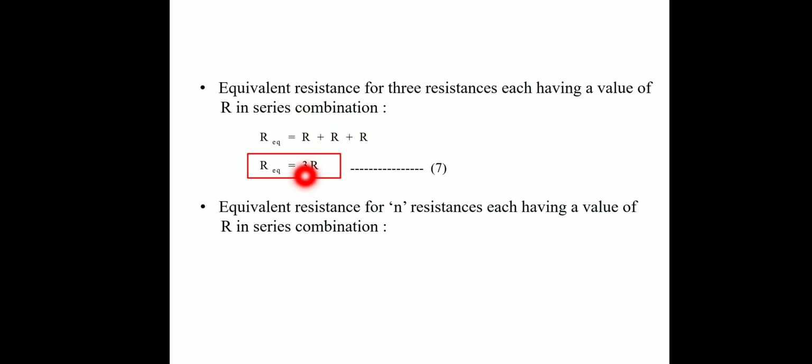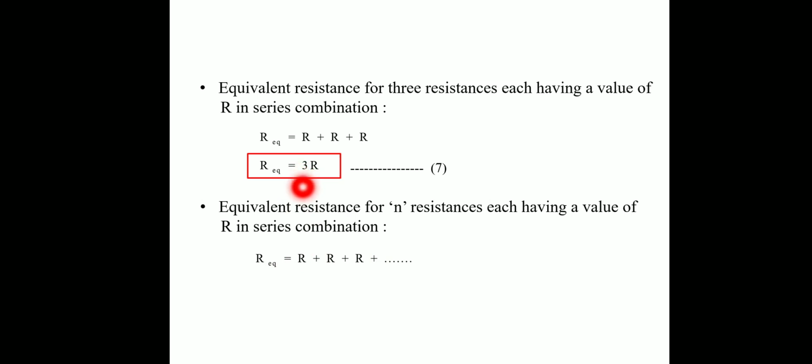So you can see in the previous case, if there are three resistances having the same value connected in series, then it becomes the number of resistors times the value of each resistor. So 3 into R. Similarly, if there are n resistors connected here, each R, we have to add all the values, or what we can do, what we have observed from the previous equation, is simply multiply.